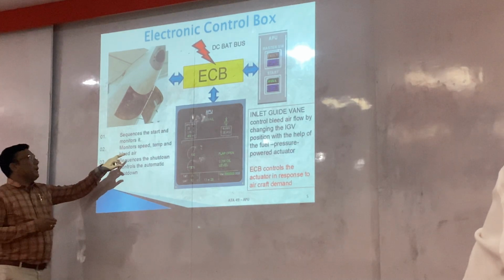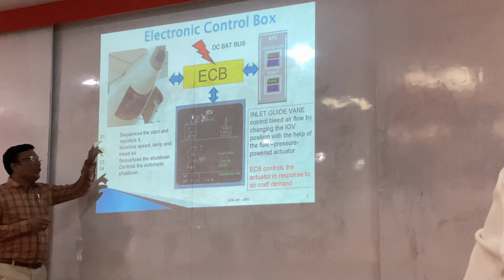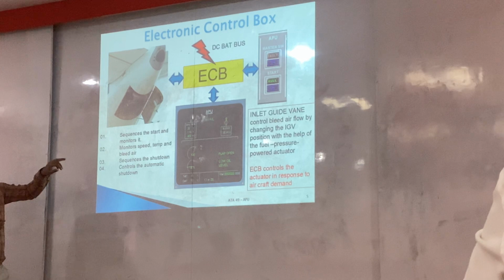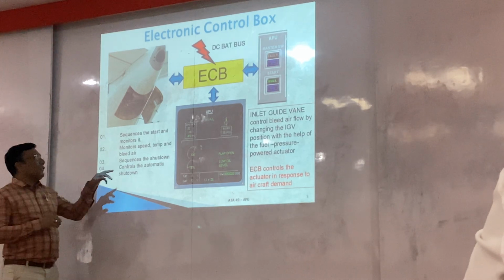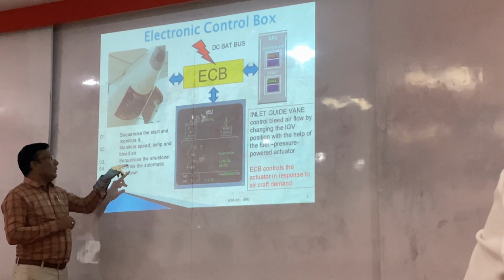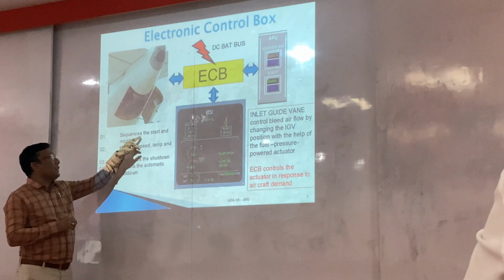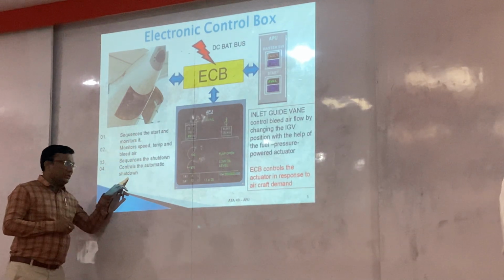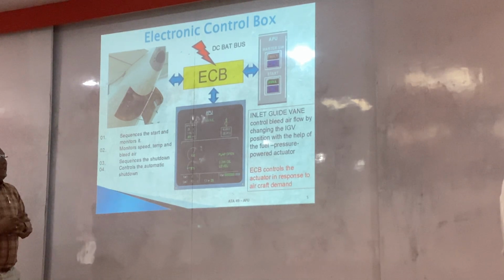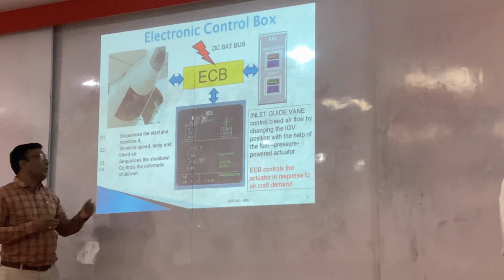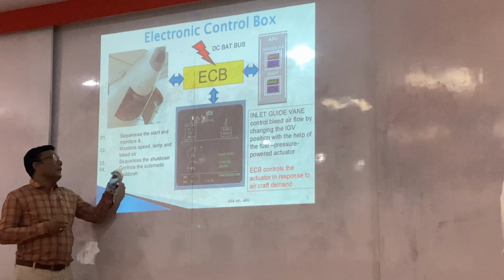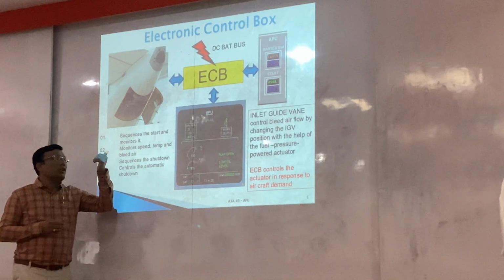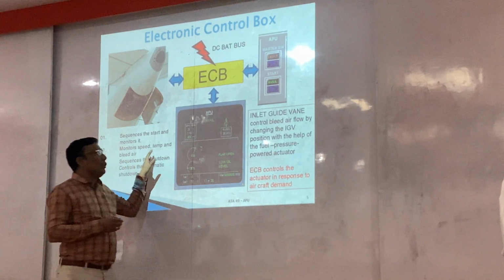It monitors speed, temperature and bleed air. It sequences the shutdown and controls the automatic shutdown. If there are any abnormalities in the APU, at that time it gets automatically shut down. That will be controlled by the ECB, the electronic control box. So the electronic control box does all these functions.